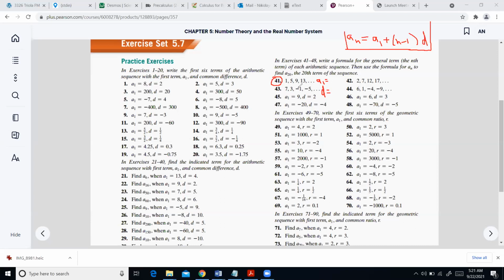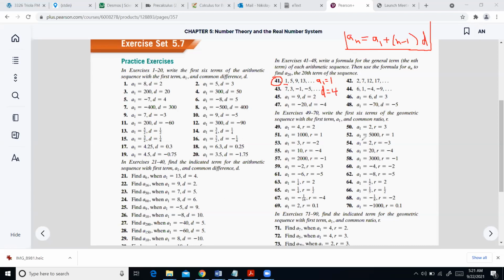So what is the first term here? What sits in the first place? That's your first term. Yes, indeed, that's going to be number 1 because we start with that number. Okay, so what's the difference? How do you move from the first term to the second? Wouldn't you add number 4?